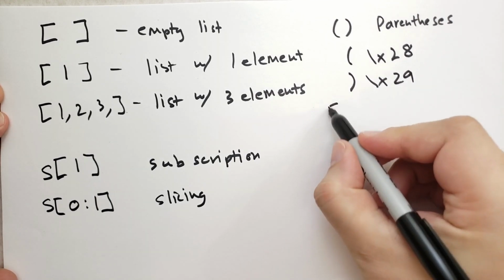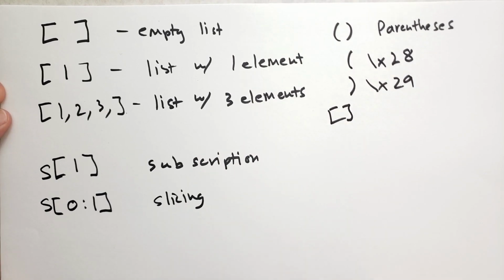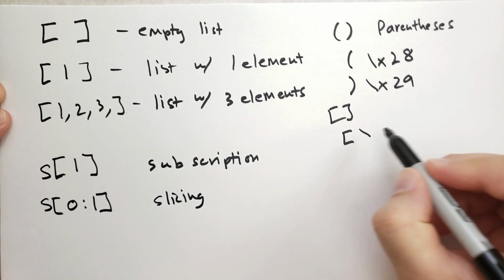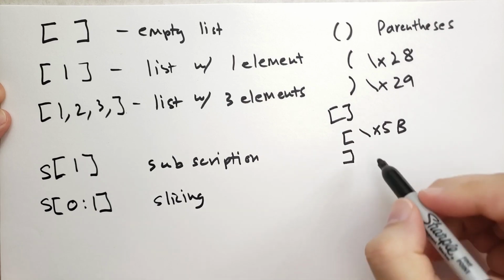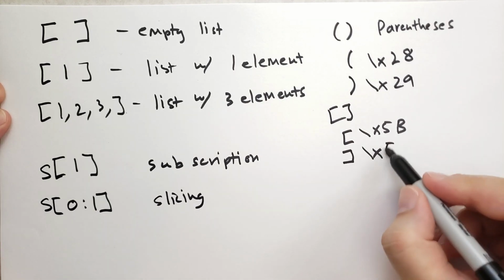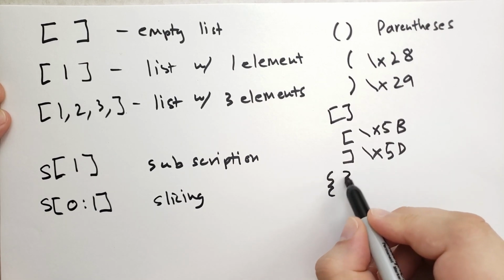And then we have square brackets. I used to call these square braces, but it turns out that's incorrect nomenclature. And the left or opening square bracket is code 5b. And the right or closing square bracket is called 5d. And we also have curly brackets or braces.